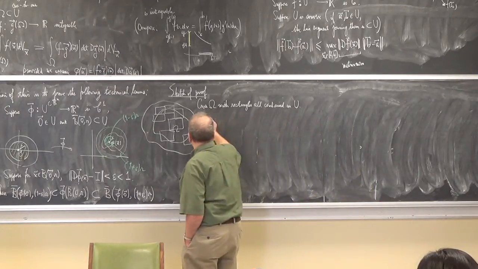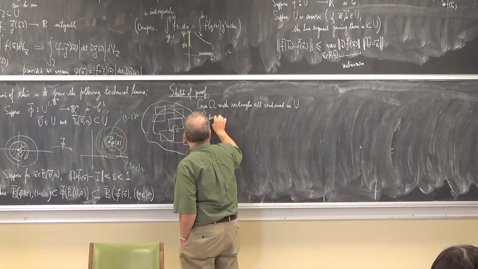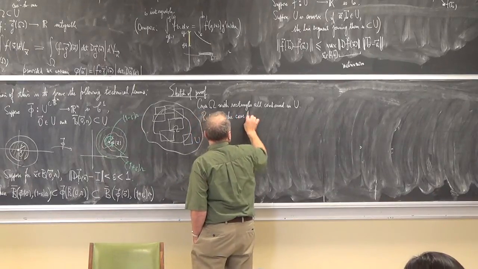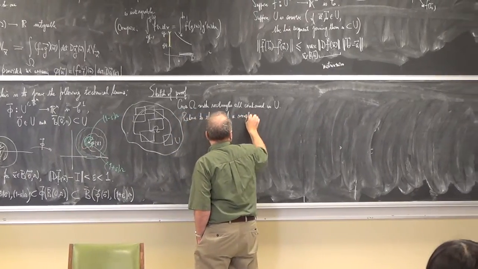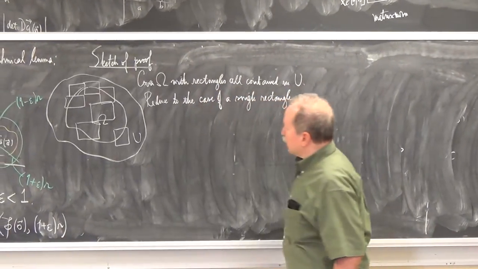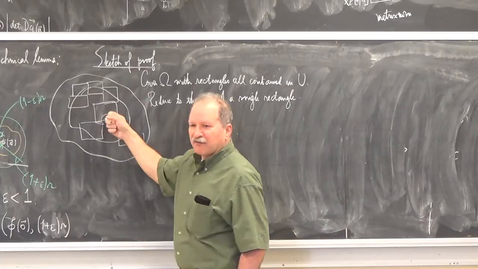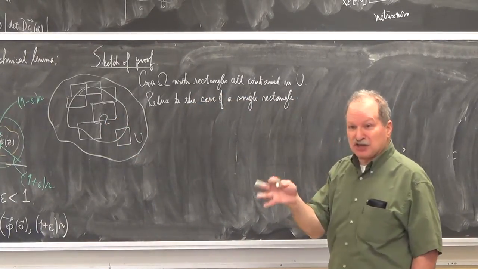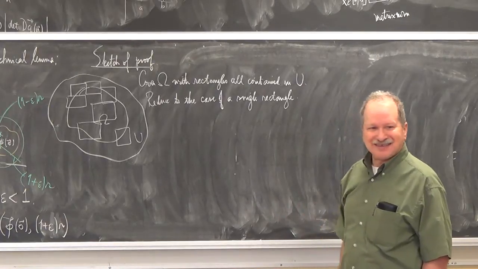And basically, we're going to reduce to the case of a single rectangle. So I'm going to end up proving the theorem assuming that my function is just on a rectangle. And in fact, I'm going to even cut it up into cubes and just do cubes.